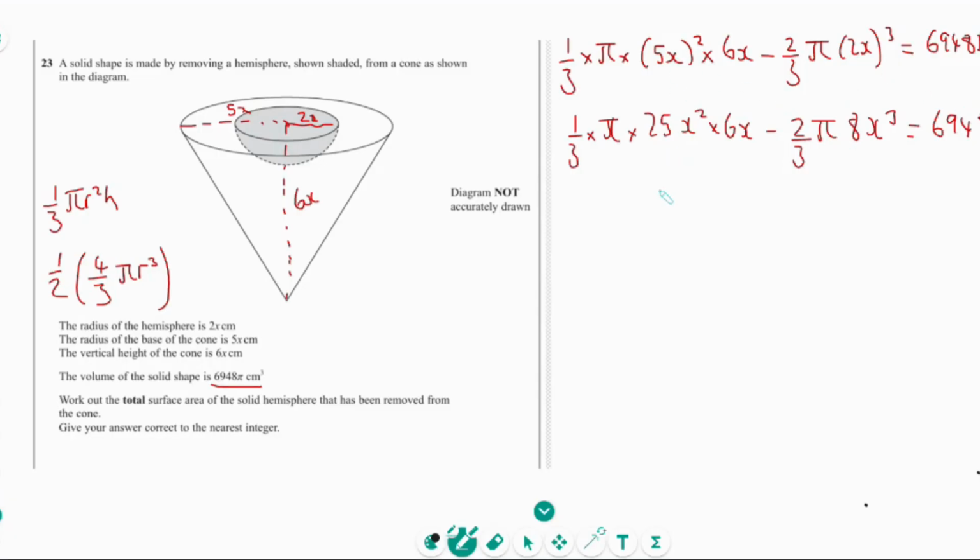So a third times 25 times 6 is 50. Got 50 pi x cubed, because x squared times x is x cubed. 2/3 times 8 is 16/3 pi x cubed.